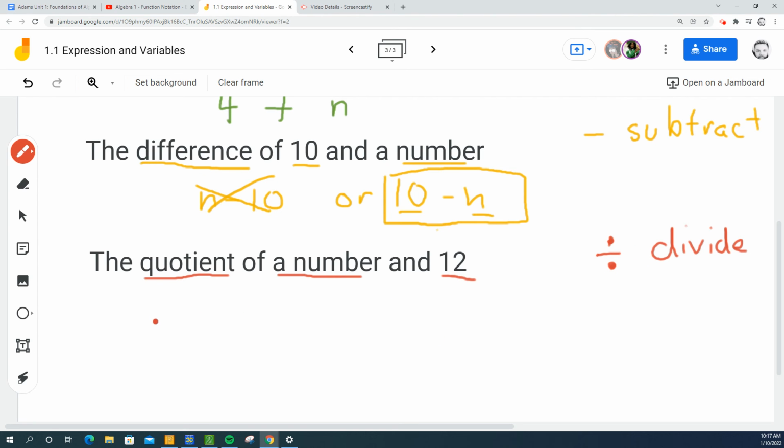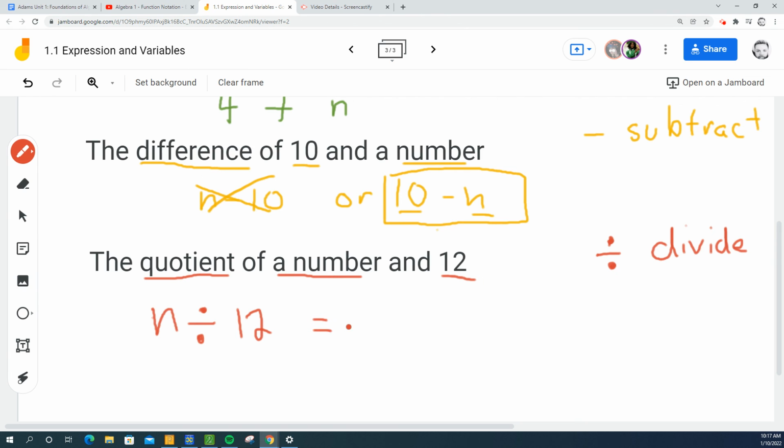Is it 12 divided by n or n divided by 12? It's n divided by 12 because n is listed first, right? It matters. If I do it the other way around, you get a different answer.